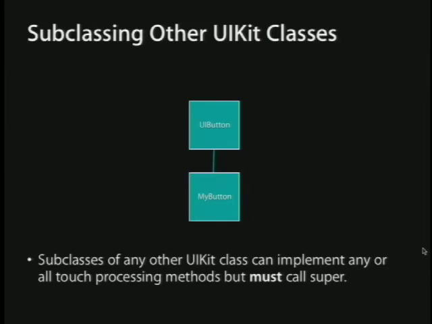Because if you don't, the button won't see a full event stream. For example, again, if you override the end and don't call super, the button will see the began and moved, won't see the end, and it'll end up in a bad state. So the rule there is if it already provides all those implementations, you can override just one, but you have to call super.